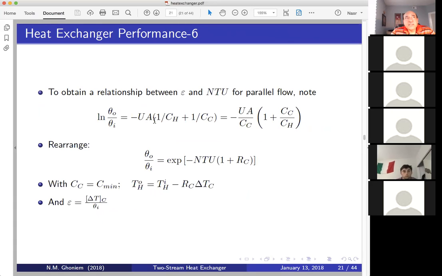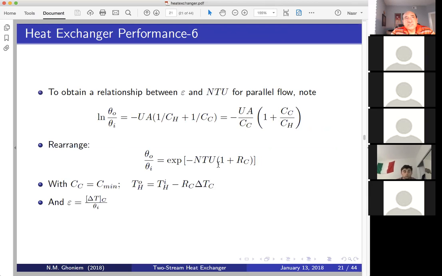So this is the equation. We extract C cold outside, so UA over C cold, and rearrange here. Then UA over C cold here is the NTU. So you have the NTU, and then you have 1 plus R sub C, and then you have the natural log of theta out over theta in.